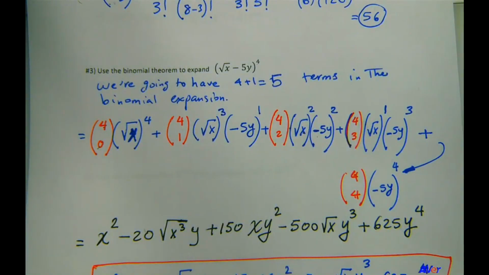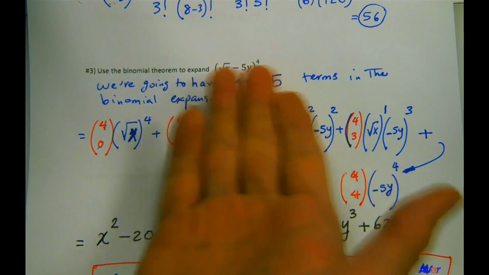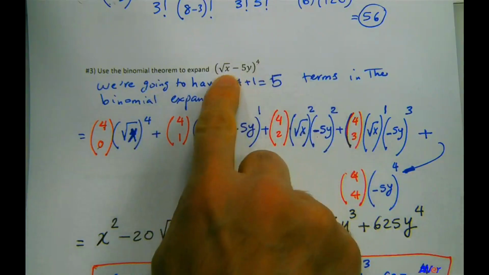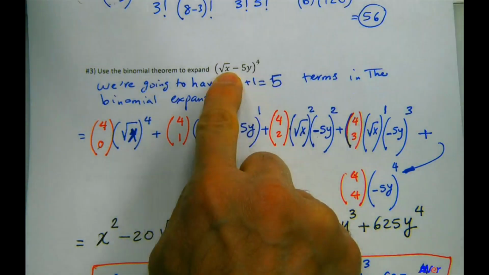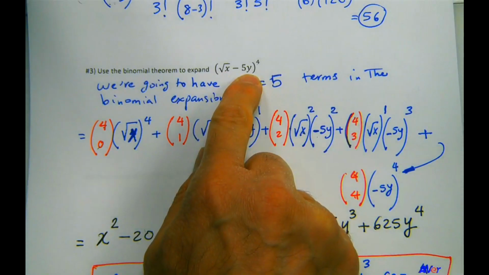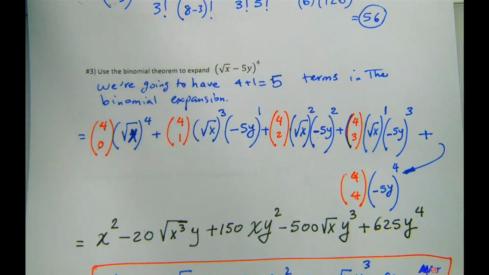Having this method, the binomial expansion and the Pascal's triangle, having these methods are extremely useful, because without these methods, a binomial like that, to expand this, you would have to multiply this binomial by itself 4 times, right? Very laborious task.